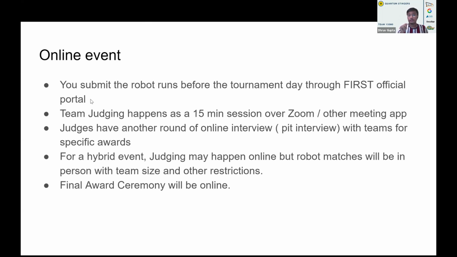You'll enter in, say, that you dropped 5 balls during autonomous, that you dropped 7 balls during teleop, that you dropped 11 cubes during teleop, etc. There's also the option to record these robot runs and post them on YouTube, which many teams do in the spirit of solidarity for online tournaments and in the spirit of fairness.